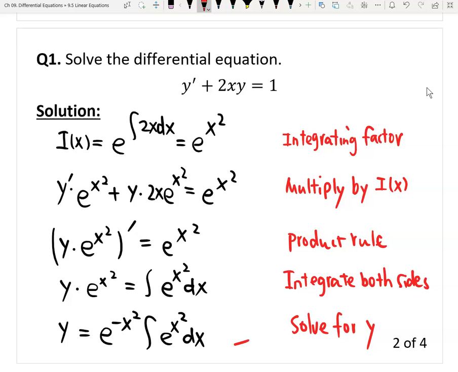This is the final answer we get. So for the first question, the 5 steps, keep in mind: integrating factor, multiply, product rule, integrate both sides, and solve for y. They're not so difficult, right? And this is the amazing method. Now we move to one more.